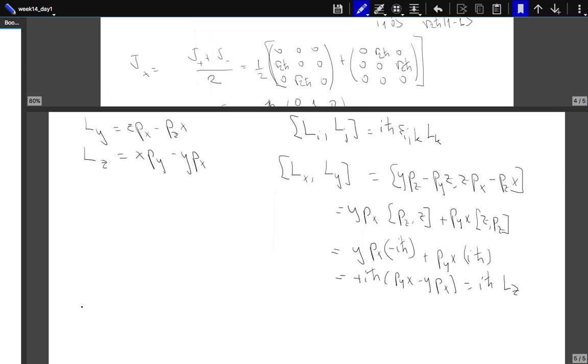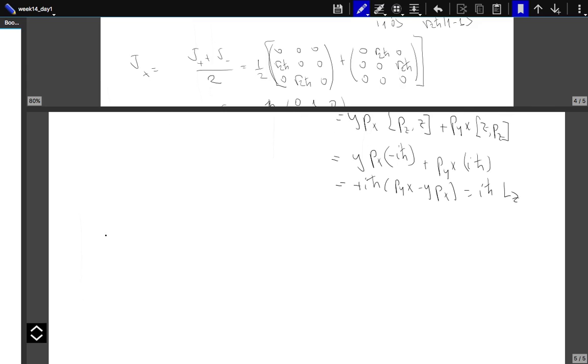Now, let's look at how they act on a position ket. Let's assume that initially we have a state in the x, y, and z position. We have a ket which is localized at the position x, y, and z. And when we rotate it, it should be localized at the rotated point.